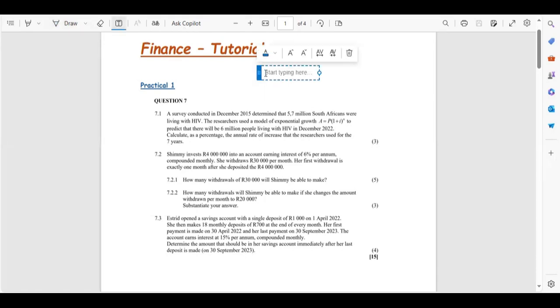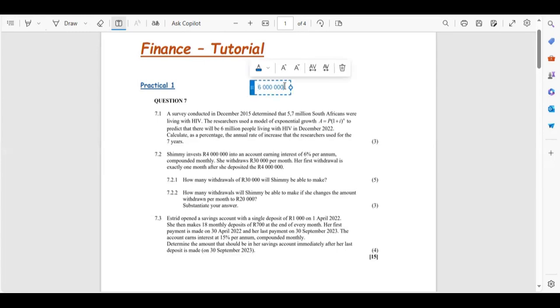Let me just write it down. So my formula is A equals P, 1 plus my interest all over N. Now my future value 6 million. I'm going to say 6 million.